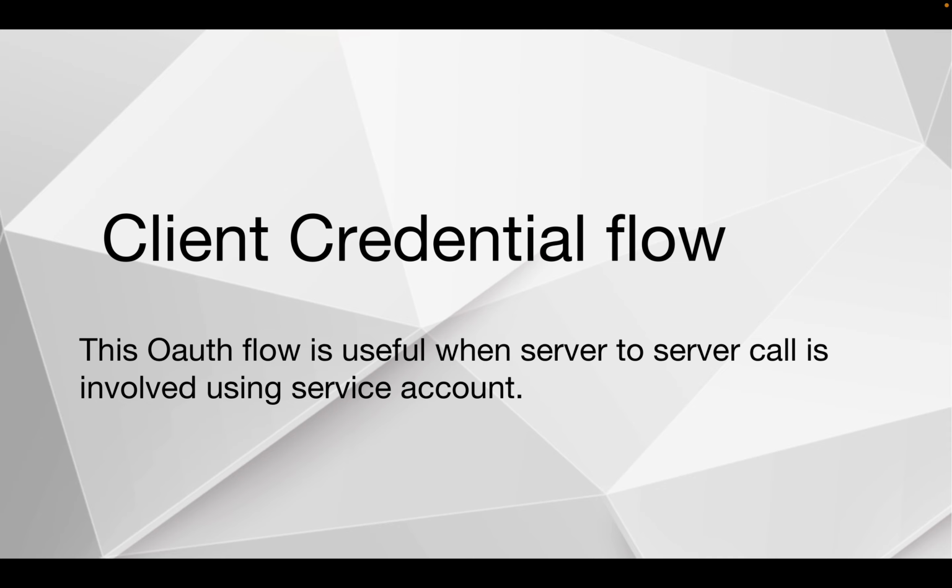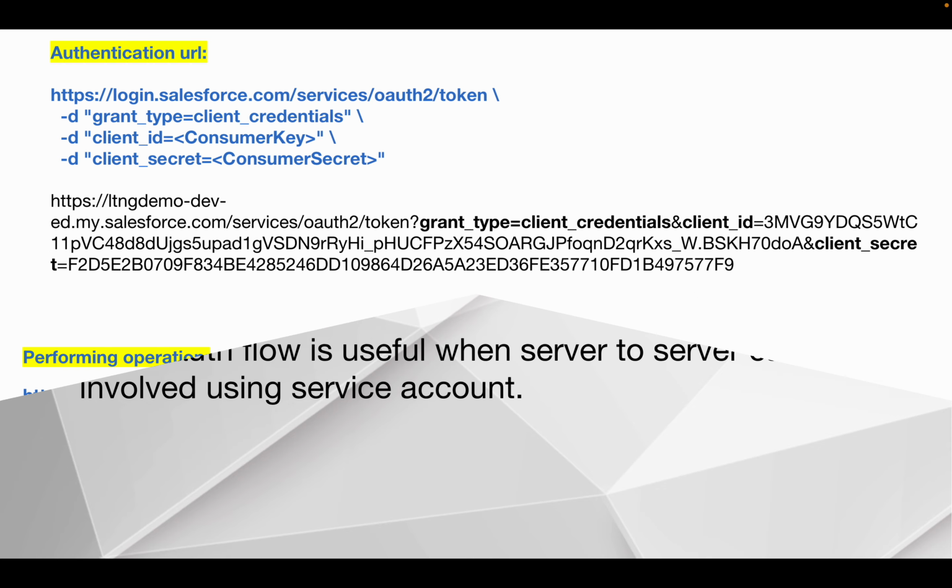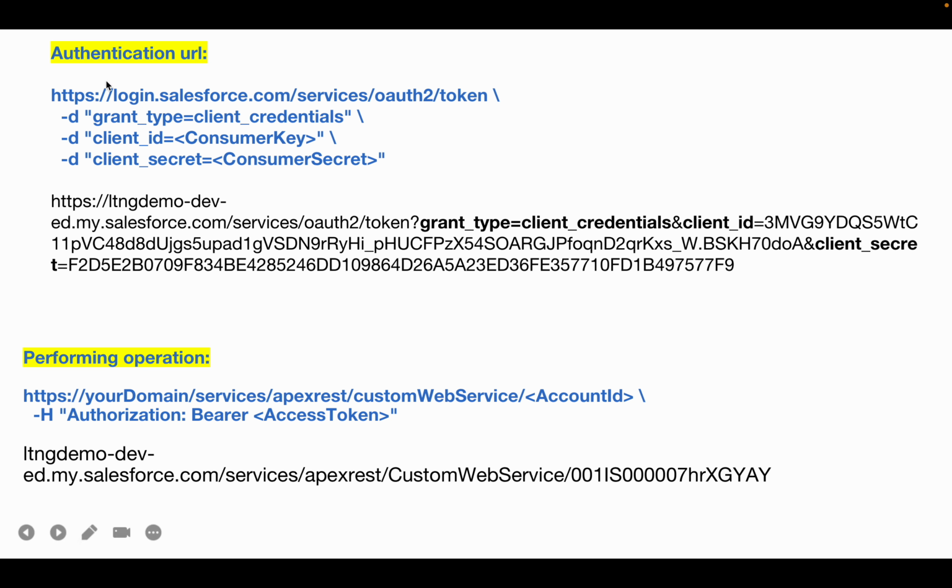Some syntax that I'm going to show you in the next slide. For the authentication URL, we are going to use this URL, where we pass the grant type. This grant type defines that this is a client credentials flow. So we have to give grant type equal to client credentials, client ID and client secret, that we get from the connected app.